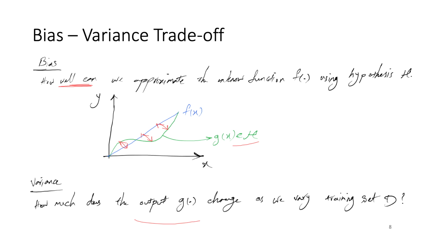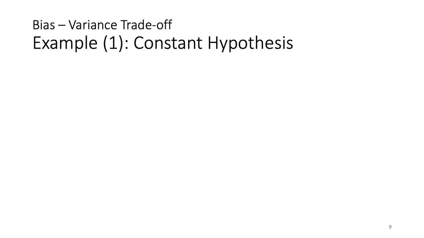All right, so let's see an example for this. We're going to start with the first example. Assume your hypothesis is a constant hypothesis, just a line in a 2D world, and your unknown function was sine of pi x, with range from -1 to +1.